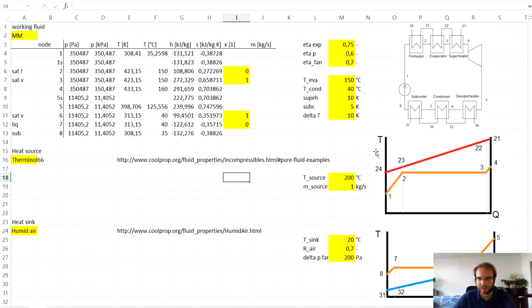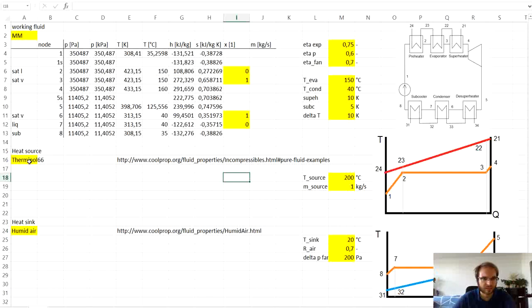So we will assume that the temperature heat diagrams, the TQ diagrams, will look like what we have here on the right hand side, where first in the top one, let's have a look at the heat input into the cycle, where the working fluid is heated up, then it evaporates and is partly superheated, while the temperature profile of the heat source is gradually decreasing, and we expect the minimum temperature difference to be here between the points 23 and 2.